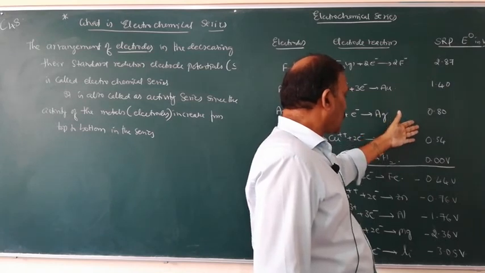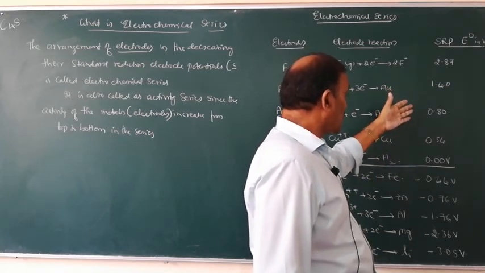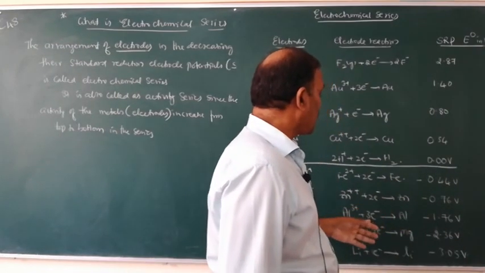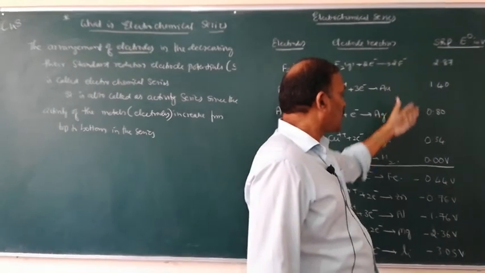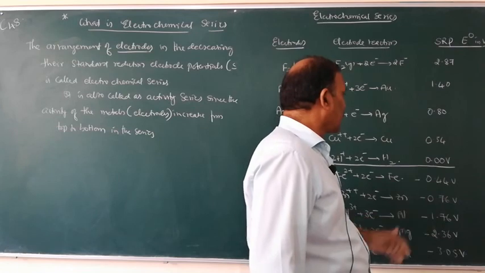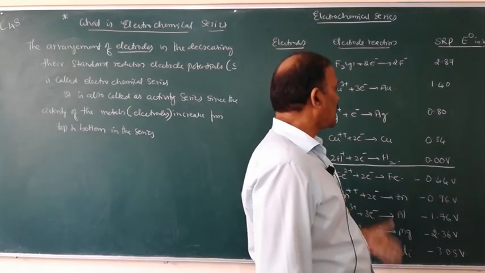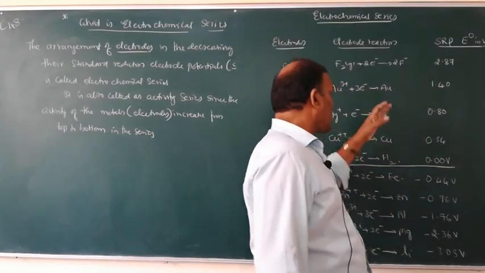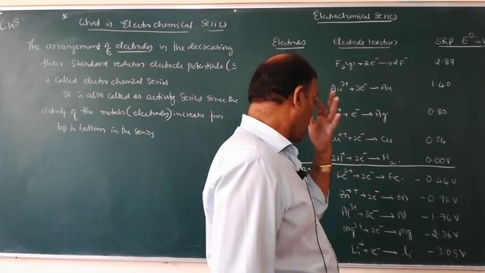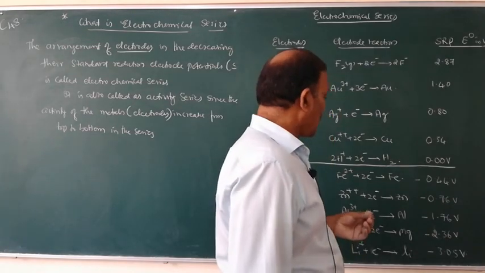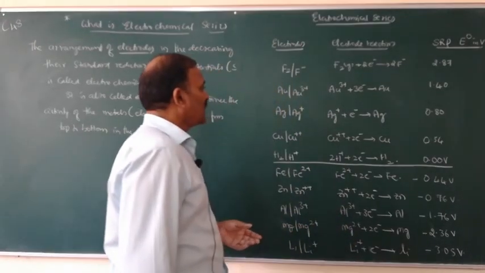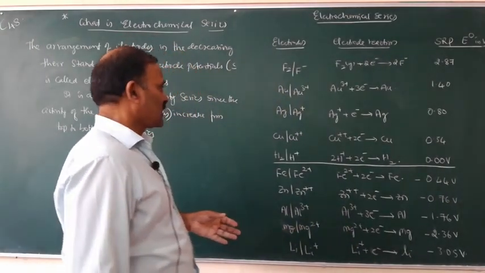The reduction electrode potential goes on decreasing, whereas the activity of the metal goes on increasing from top to bottom. As the reduction electrode potential decreases, the activity of the metal increases, because as we move from top to bottom, losing of electrons goes on increasing. Therefore, activity also increases. We will study in detail in the next class.